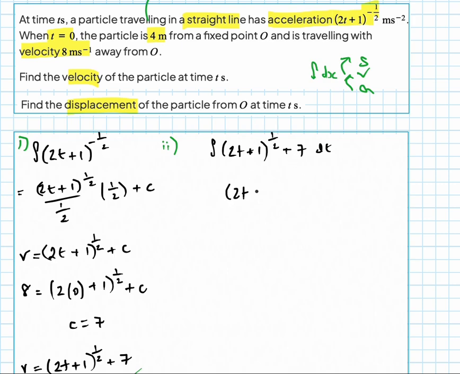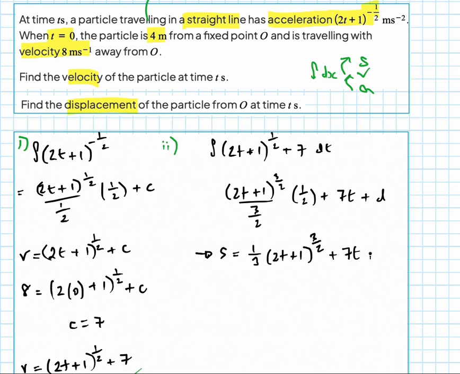So 3 over 2, adding 1 each time, n plus 1, and we have the same thing there. So the inside part is a half, plus the 7t, 7 the letter t, and plus another constant, we call that d. S is equal to 1/3 bracket 2t plus 1 to the power of 3 over 2 plus 7t plus d.